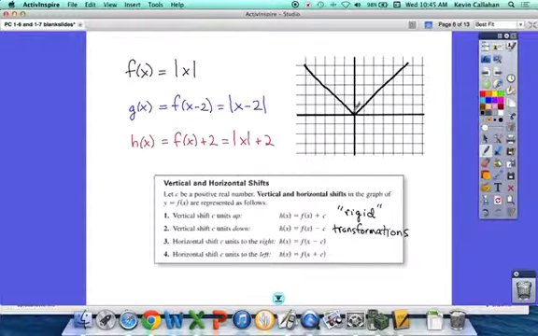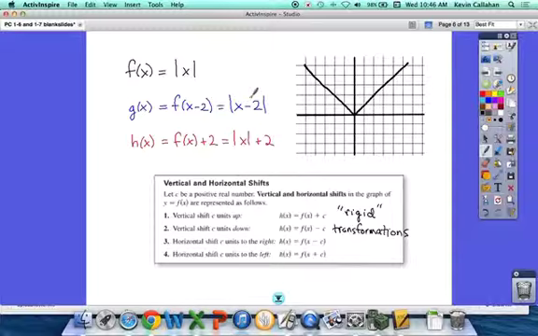When x is 0, y is 0. But what value are you going to plug in to the absolute value of x minus 2, so that what's inside the absolute value equals 0? Positive 2, right? That means that if you want the point of the V, the place where it touches the x-axis, you're going to have to go to x equals positive 2.